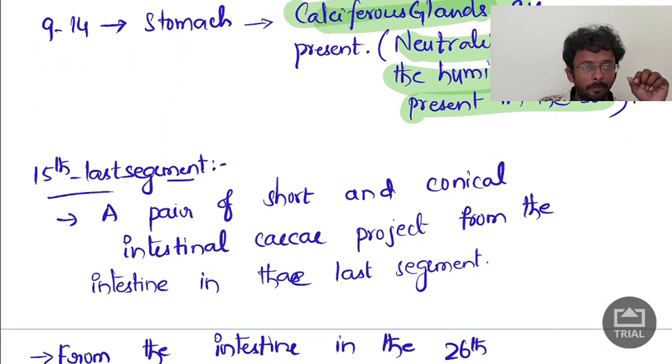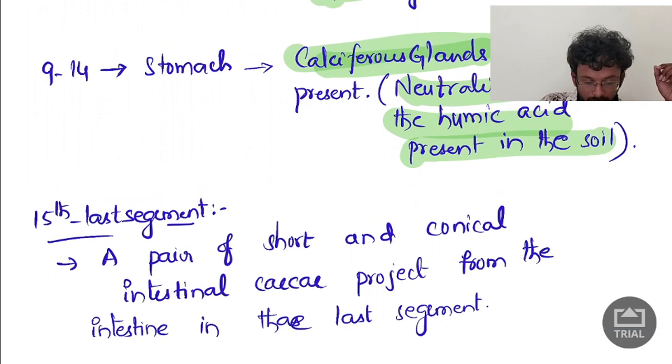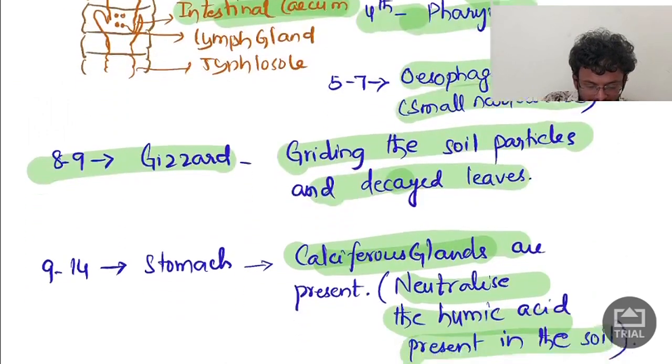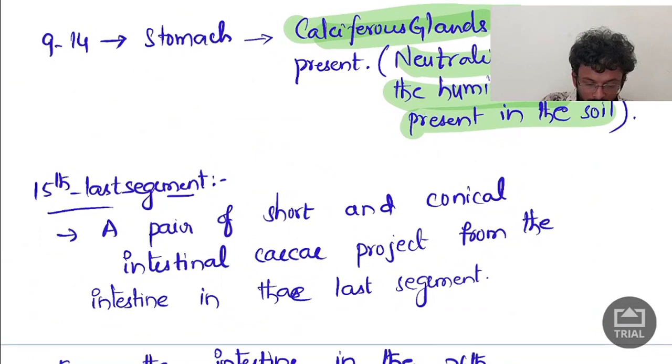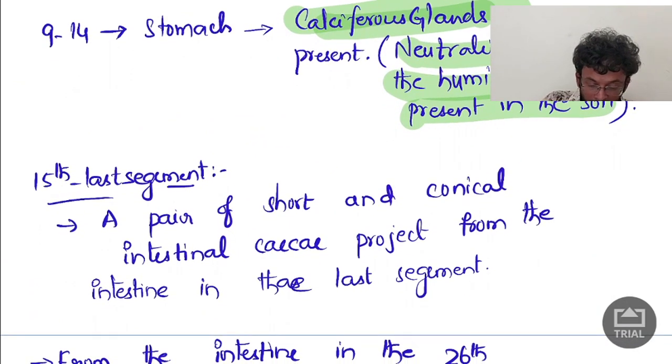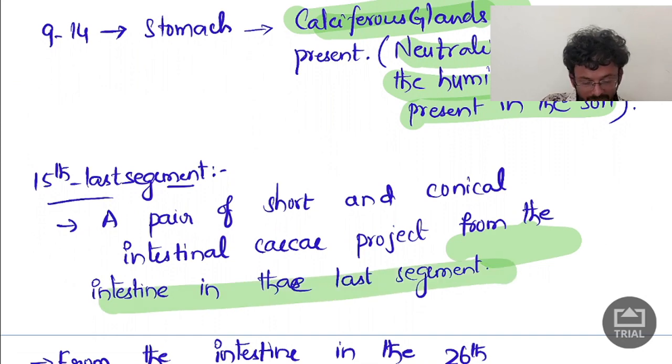This stomach opens into the intestine from the 15th segment to the last segment. A pair of short conical intestinal ceca project from the intestine in the last segment.